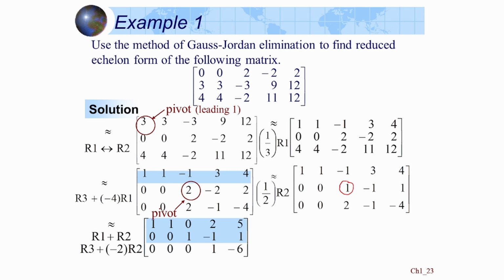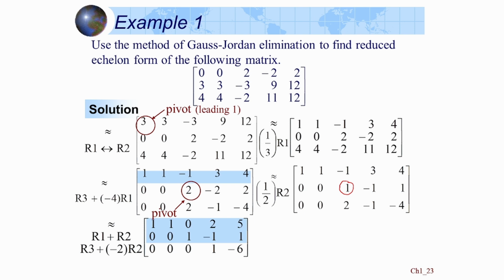And now let's check if we got a reduced echelon form. No. All the leading elements are 1s, and the matrix has a downstairs shape, okay?